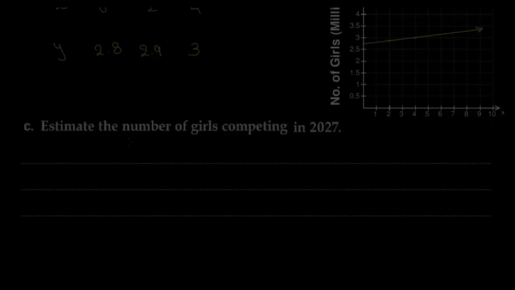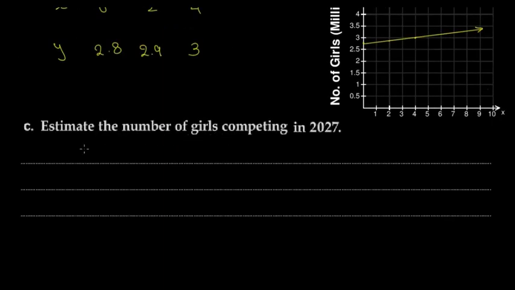Estimate the number of girls competing in 2027. Now we have a starting point at 2002, and we need to find the answer at 2027. So we need to find the number of years. We subtract 2027 minus 2002, which equals 25.